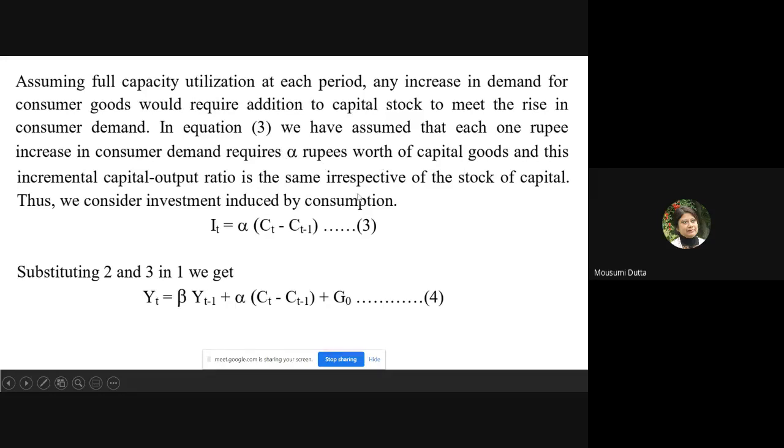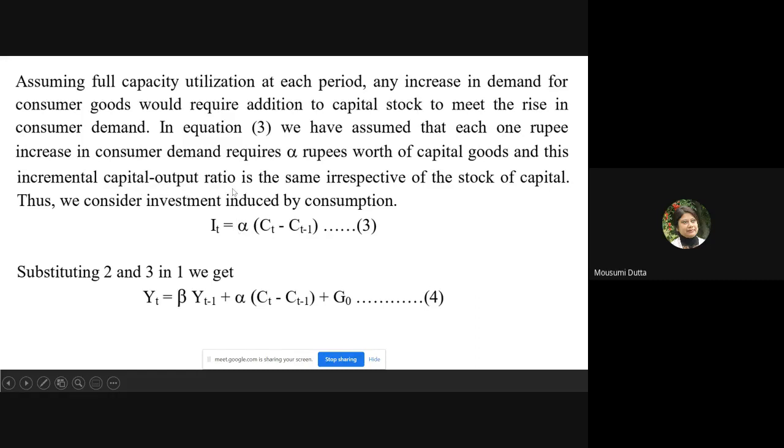Okay. So if consumption increases by 1 unit, we need alpha rupees worth of capital goods to meet that 1 unit increase in consumption demand. And this alpha is called the incremental capital output ratio.